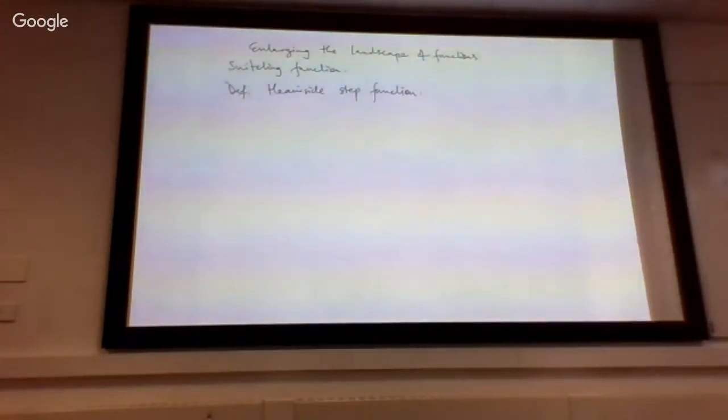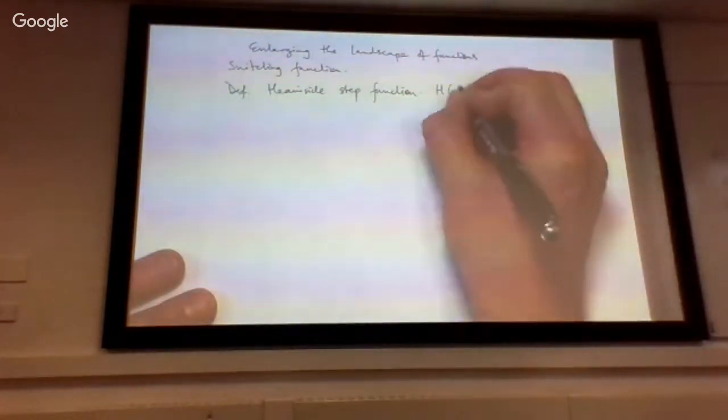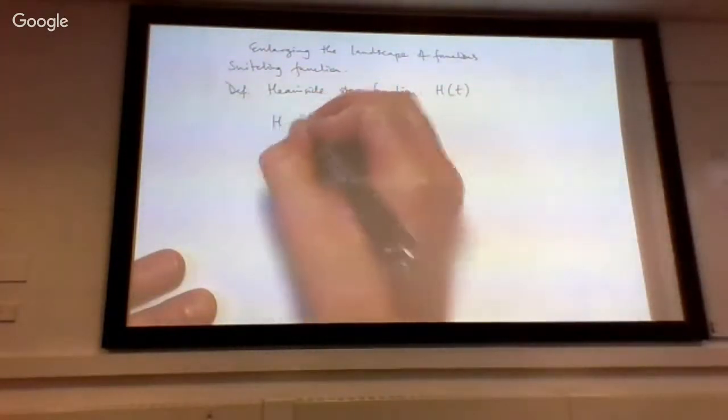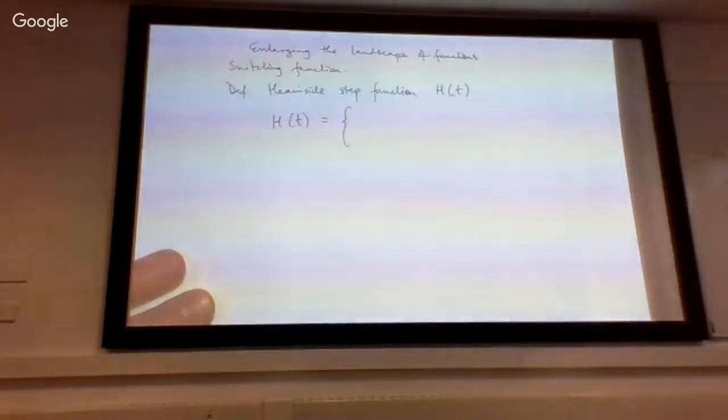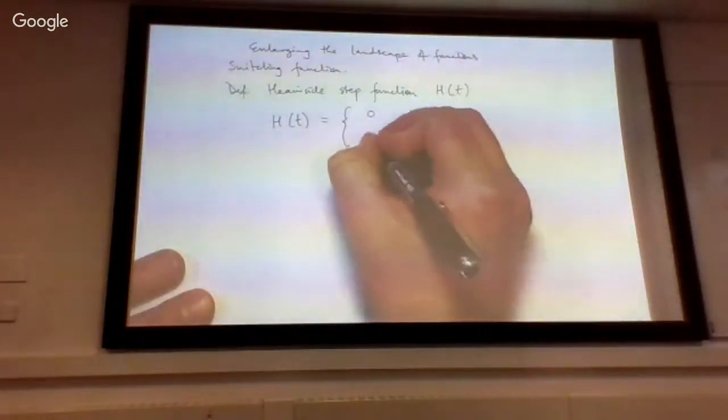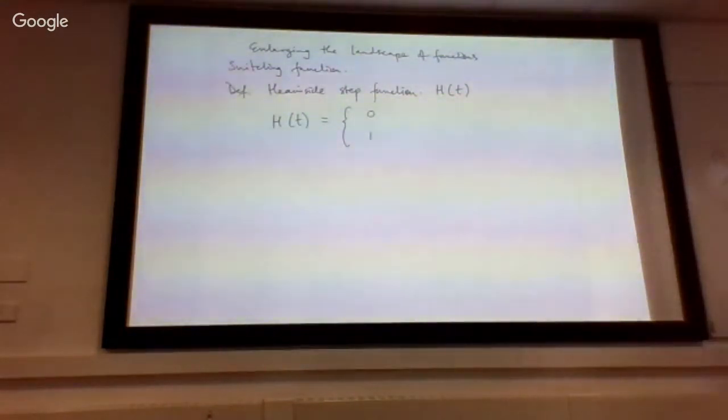And you'll see it in a moment now. It's got a very simple definition in some ways, but it's surprisingly flexible when we allow ourselves to take linear combinations of it. Okay, this is the Heaviside step function, H of t. Here's the definition of the function. Well, it takes only 2 values, either the value 0 or the value 1.